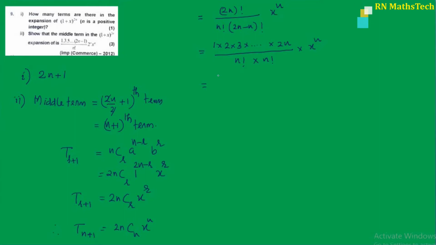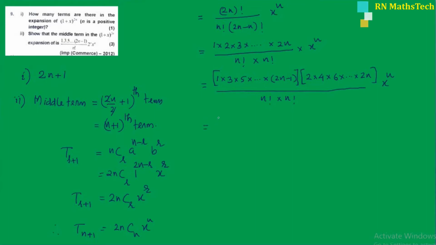The product of n odd integers is 1 into 3 into 5 into etc. into 2n minus 1, into 2 into 4 into 6 into etc. up to 2n, divided by n factorial into n factorial, x raised to n.